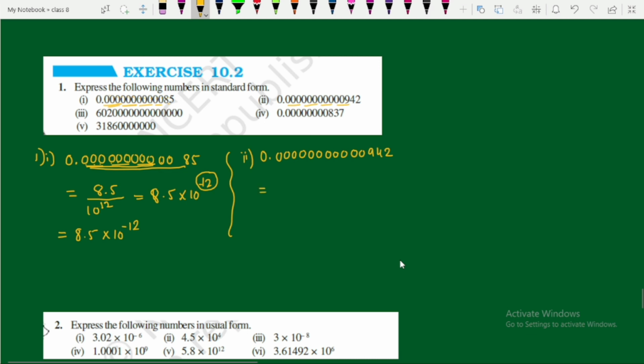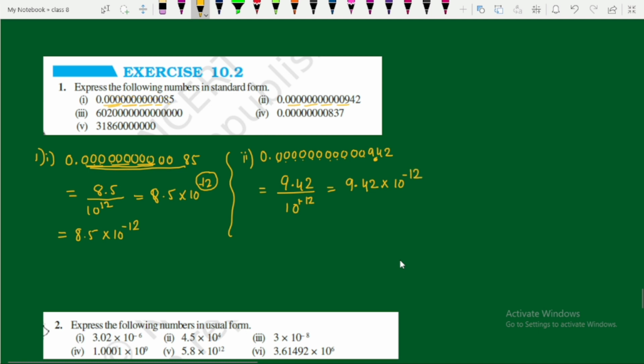It will be p into 10 to n, where p should be less than 10. So we want the decimal point at 9.42. How many decimal digits did we shift? 1, 2, 3, 4, 5, 6, 7, 8, 9, 10, 11, 12. So it is 10 to 12 in the denominator. Now we can write in standard form 9.42 into 10 to minus 12. In this way we can write the answer.